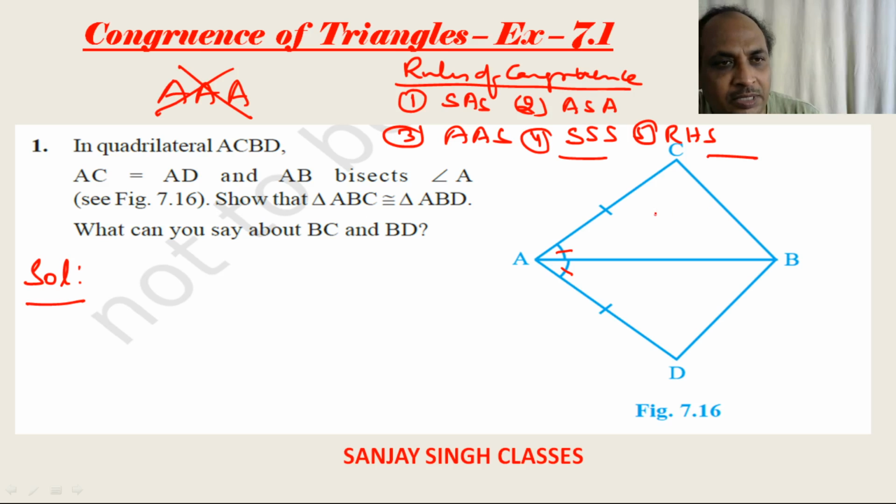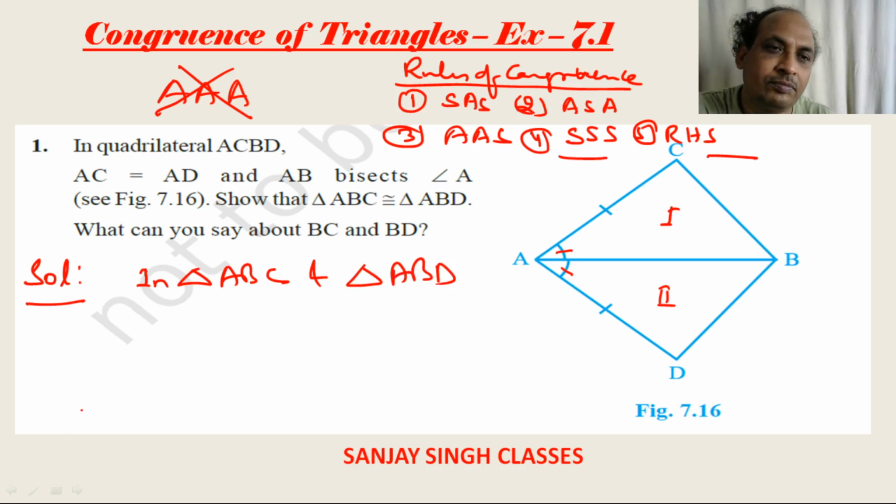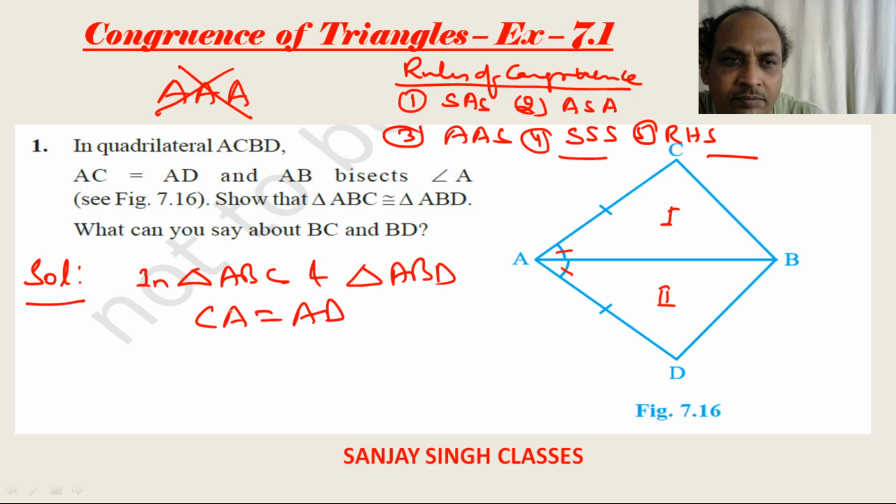So we will see in triangle ABC and triangle ABD, AC is equal to AD, which is given in the question.